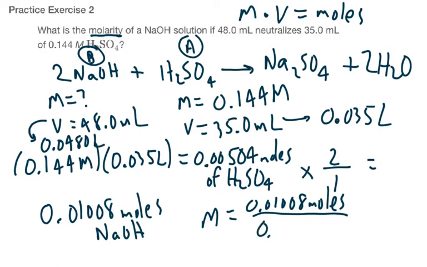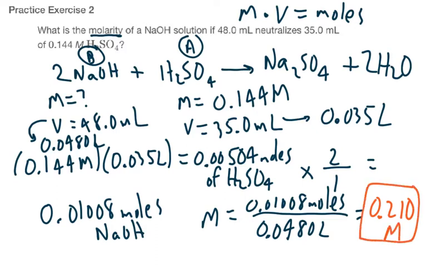So we're going to divide by 0.0480 liters, and then we're going to round this to 3 significant digits, and we're going to end up getting 0.210 with a capital M for molarity. And the answer to this problem is the concentration of NaOH is 0.210.